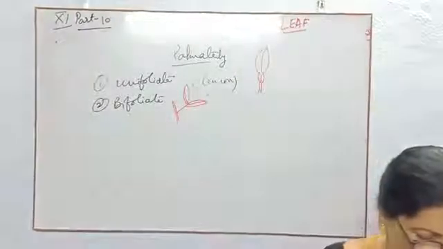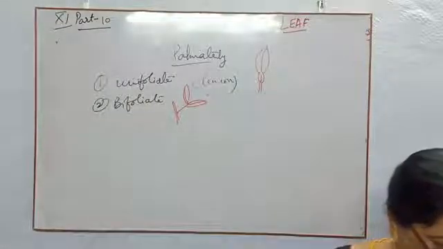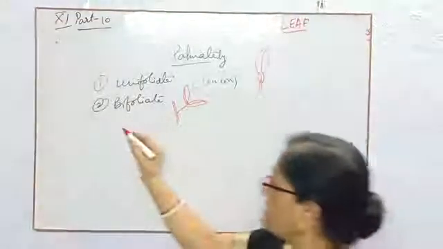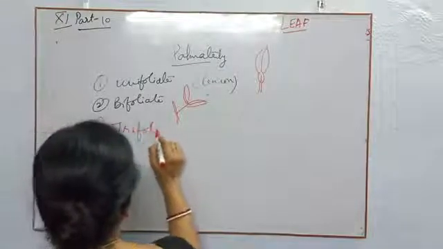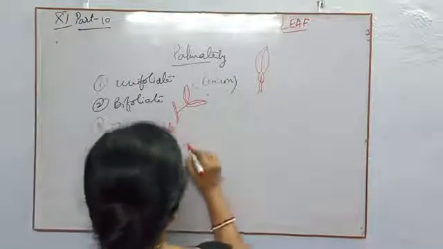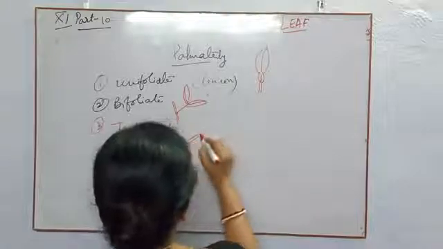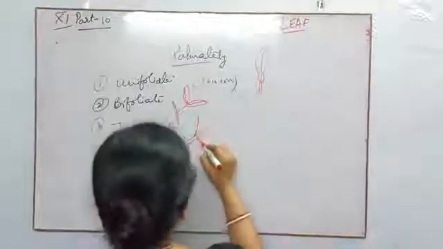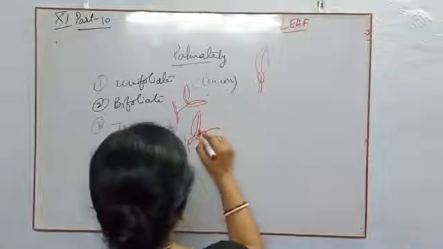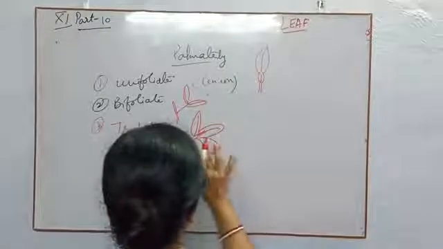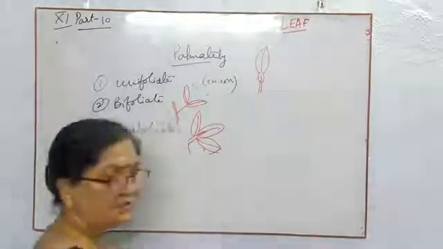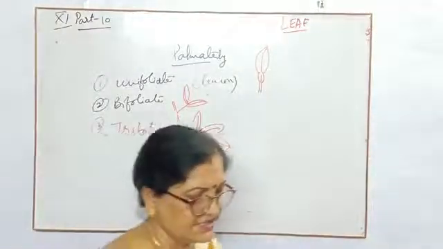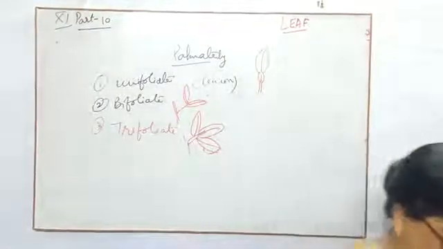Then as you know, the third one will be trifoliate. Trifoliate means from one point three leaflets will arise. That is called trifoliate.